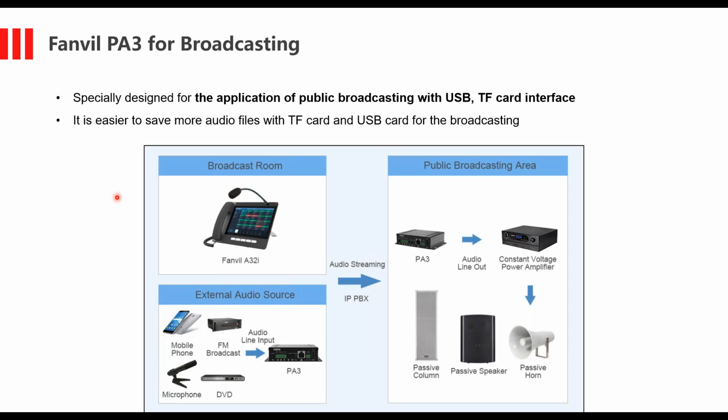Now, in addition to broadcasting, here's a quick example of providing a multicast environment within your office as well. Using the PA3 as an example, you can use it as a multicast output device where you have a lot of mobile sources, as you see here. This could be a mobile phone, an FM broadcasting device, or a DVD that provides audio line in.